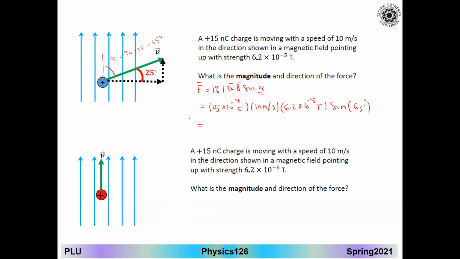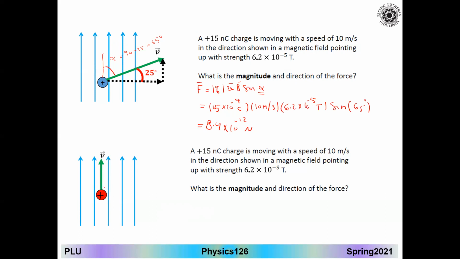So now you calculate this magnitude and you will find 8.4 times 10 to the minus 12 Newton. For the direction, it should be going to the right.